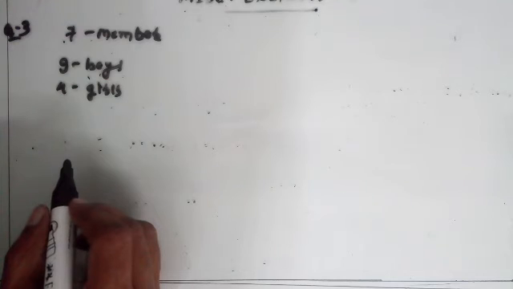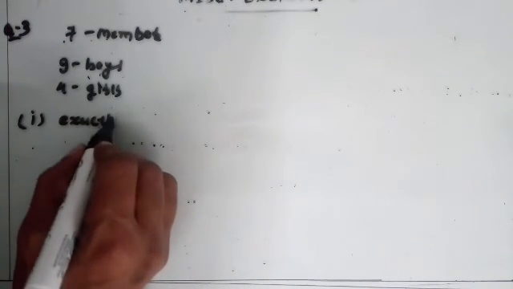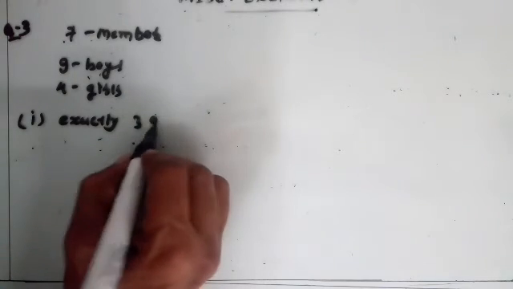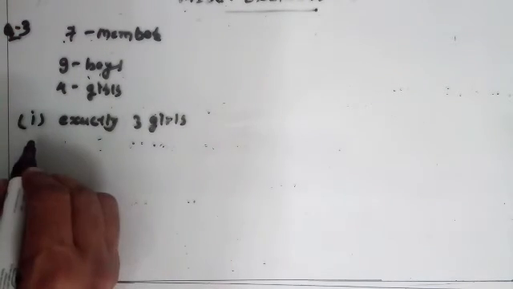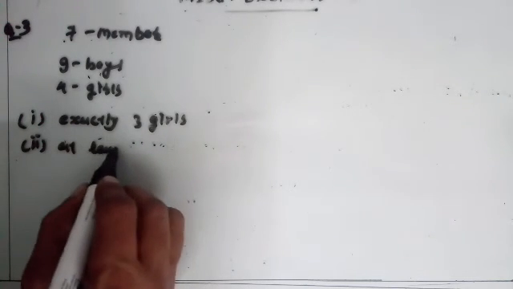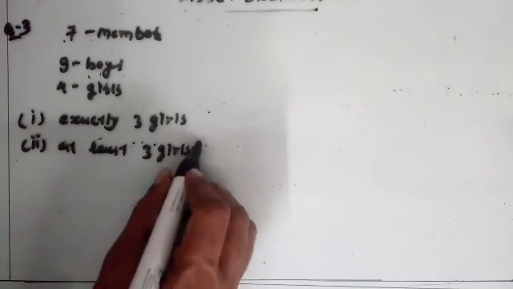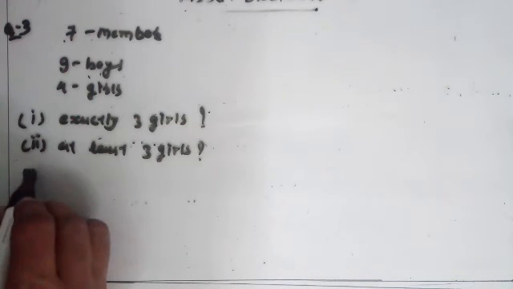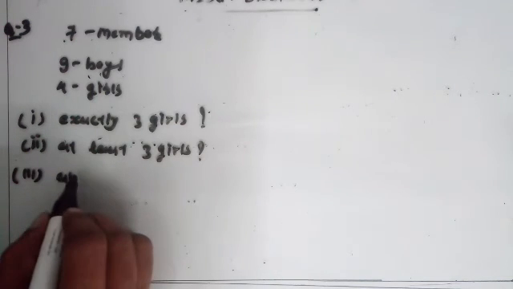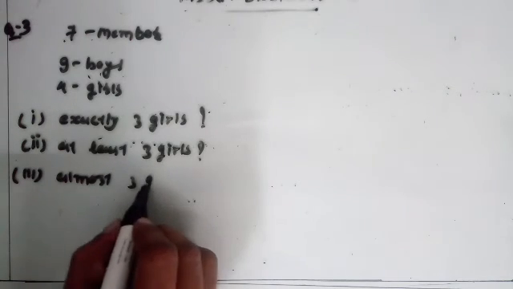In how many ways can this be done when the committee consists of: number 1, exactly 3 girls; number 2, at least 3 girls; and number 3, at most 3 girls.